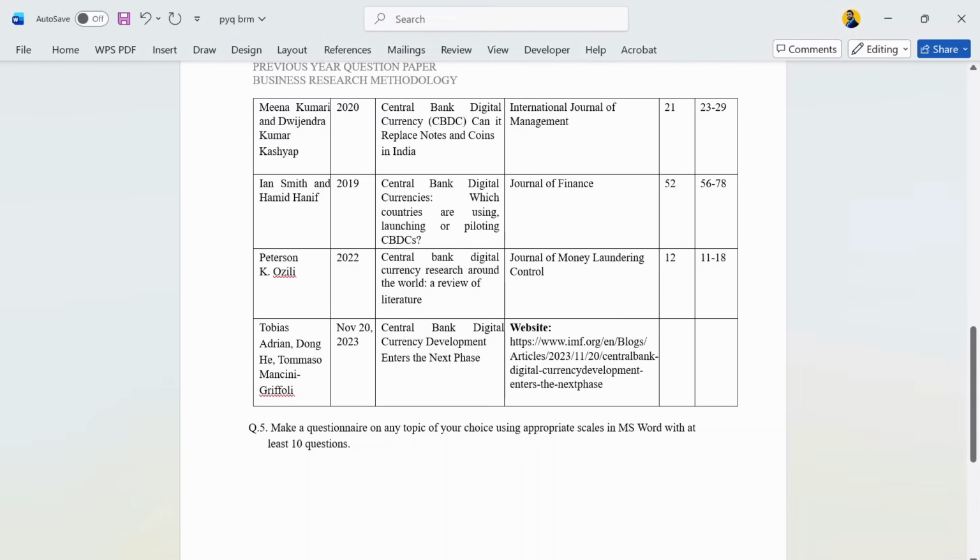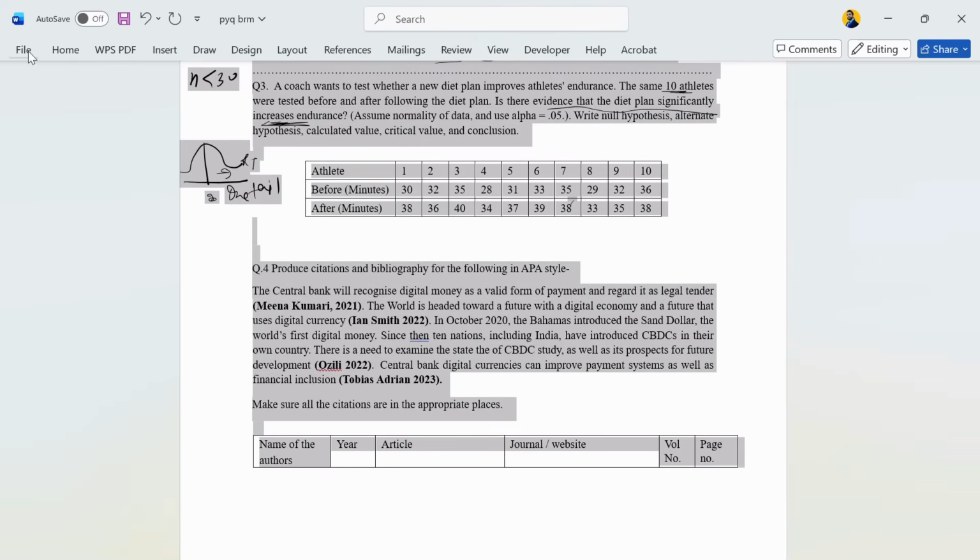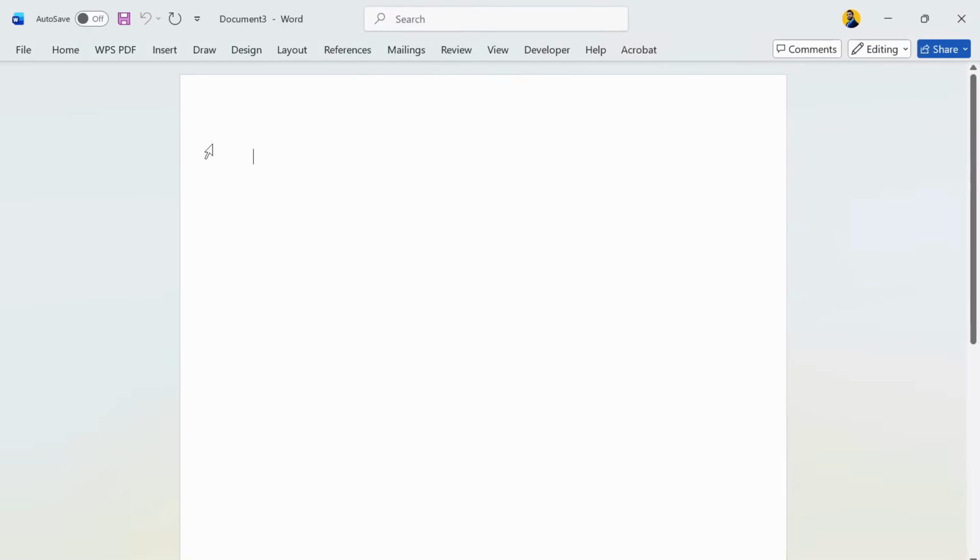Now we will start our question number 5, which is a requirement of a questionnaire in MS Word using different scales. As it is stating, it is an MS Word question, so we will definitely go with a new blank sheet.